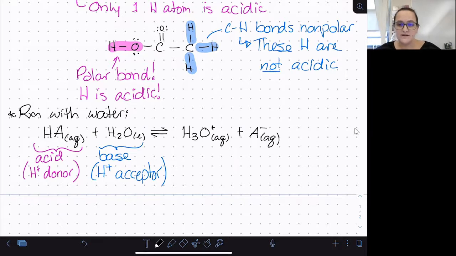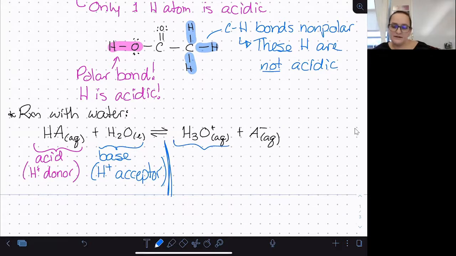So we always get this same type of relationship with an acid in water, where the acid donates a proton to water, generating hydronium and the anion from the acid. So we have names for these things.